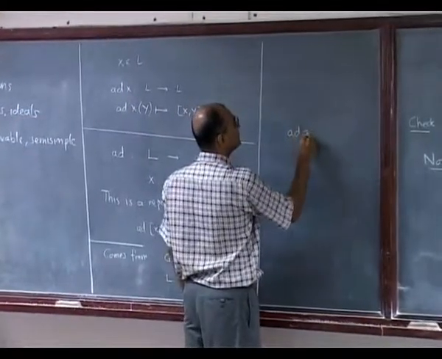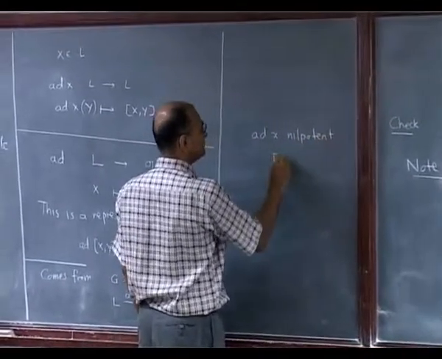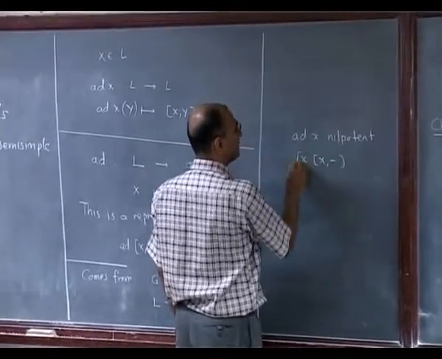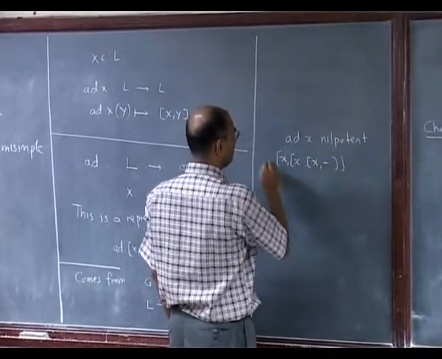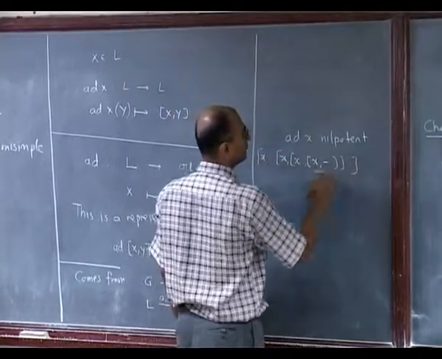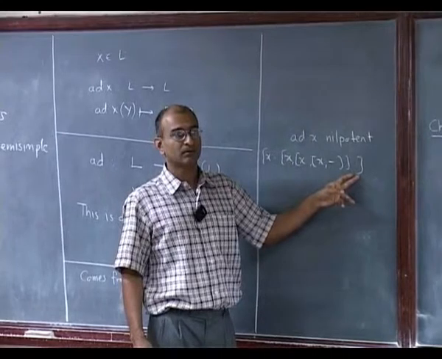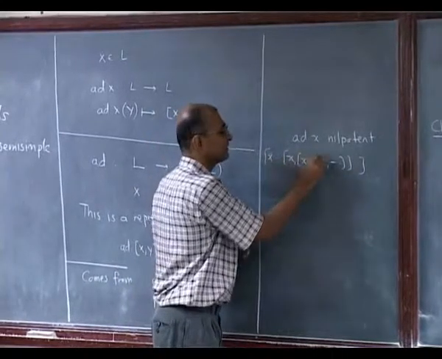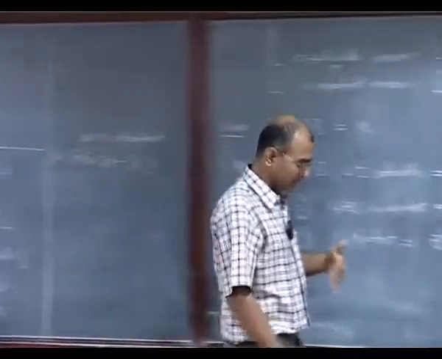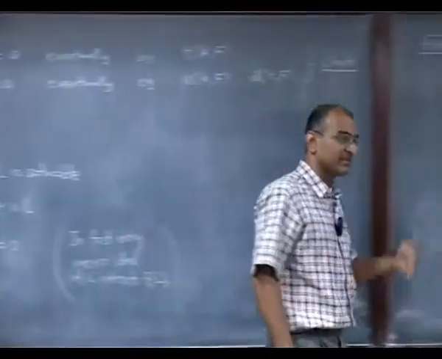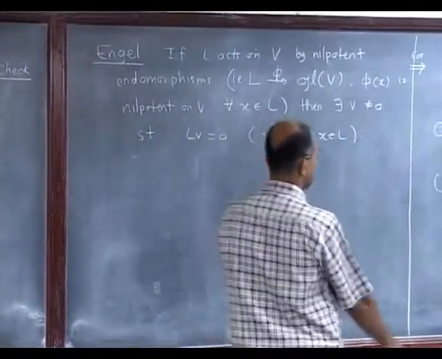What is the meaning of ad x being nilpotent? That simply means when I bracket with x and then bracket with x and then bracket with x, eventually I get 0. Well, I can put bars everywhere. So the property that ad of x is nilpotent will just pass to quotients.